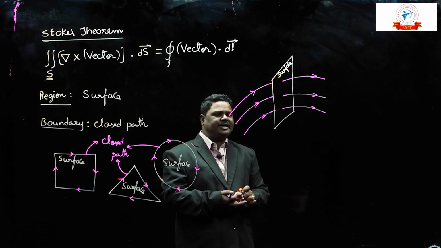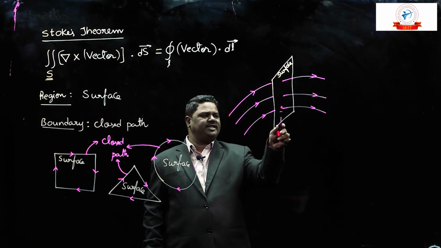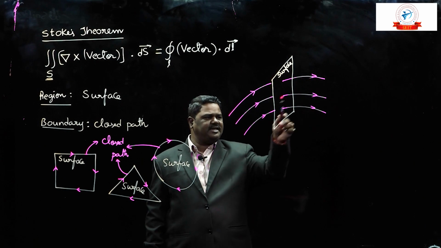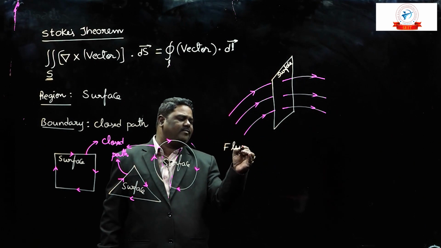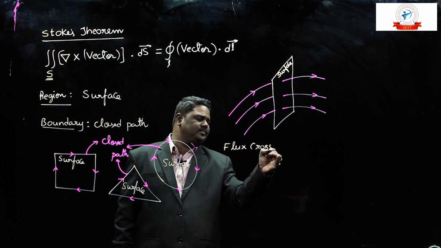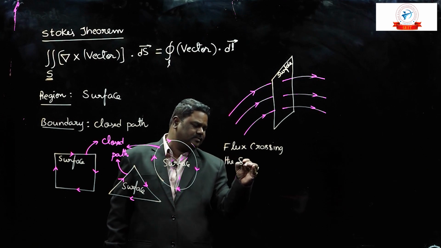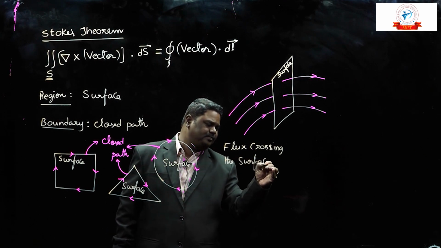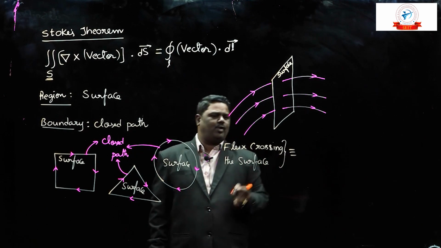Just by observing this diagram, we say that the flux is crossing the surface. So I'm going to write the same statement: flux crossing the surface. Okay, so is equal to what?